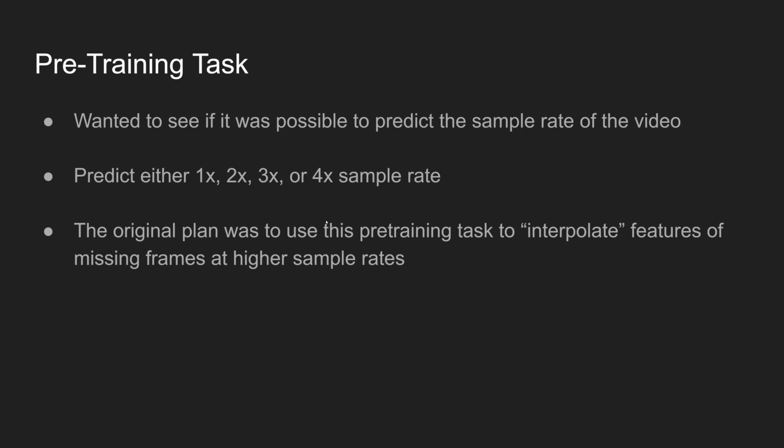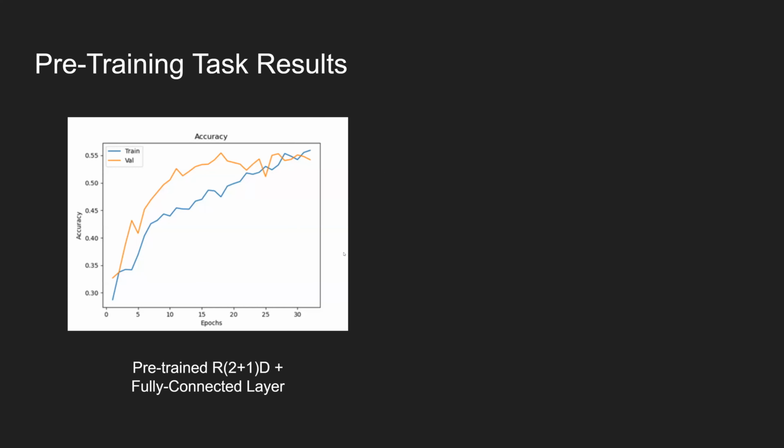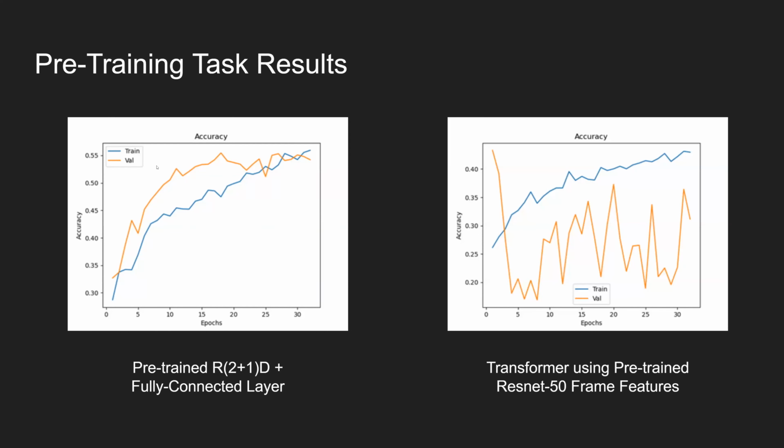And of course, we want to use this pre-training task to help with interpolation of features, because if we know how fast the video is sampled, we can know how many frames we need to fake, so to speak. And with ConvNets, it worked pretty well. As you can see on the left, it eventually got up to almost 55% accuracy.